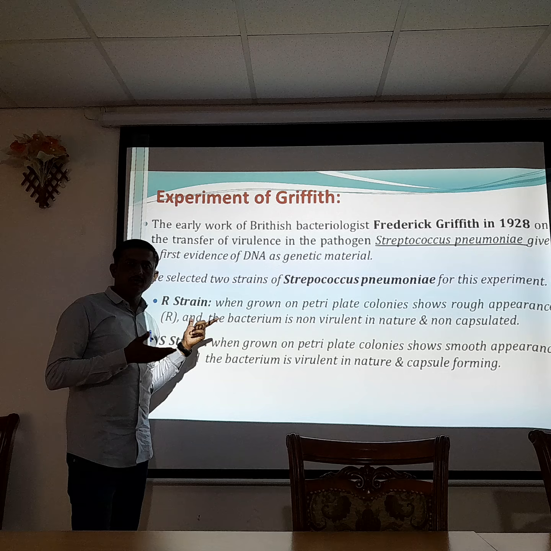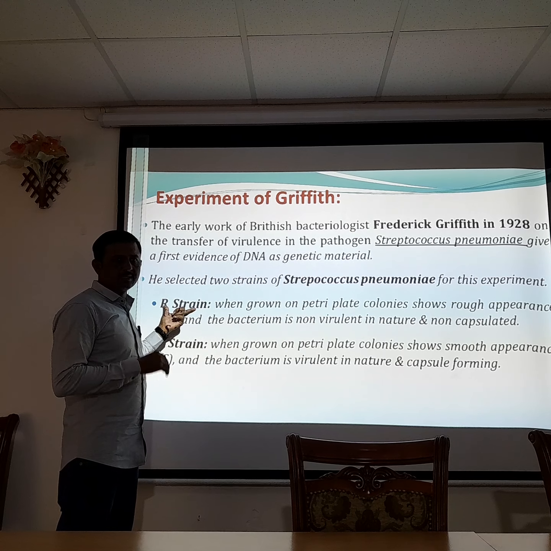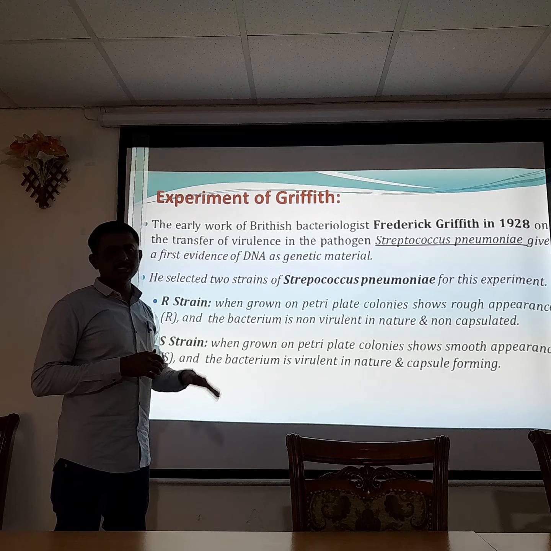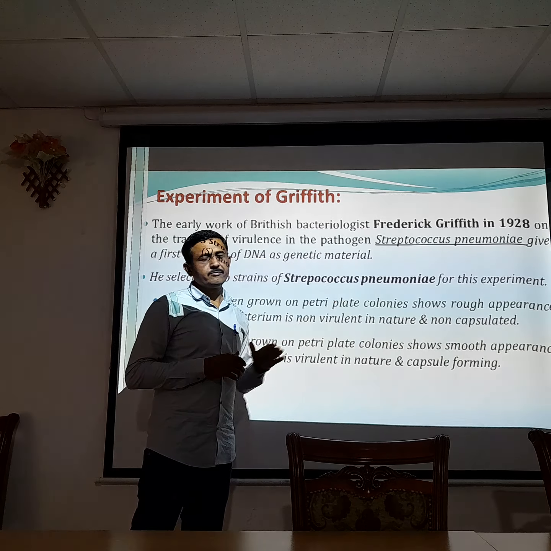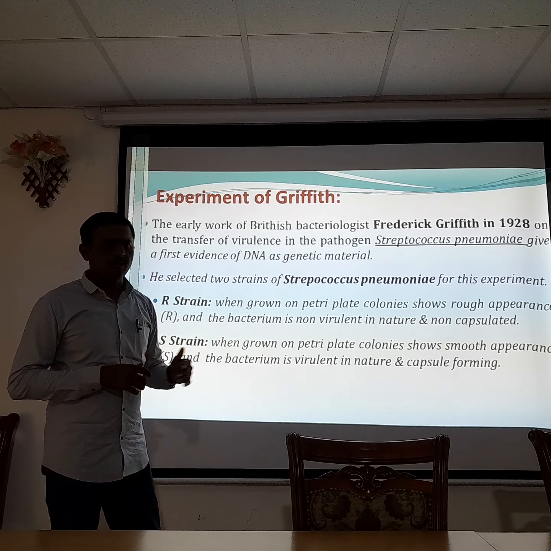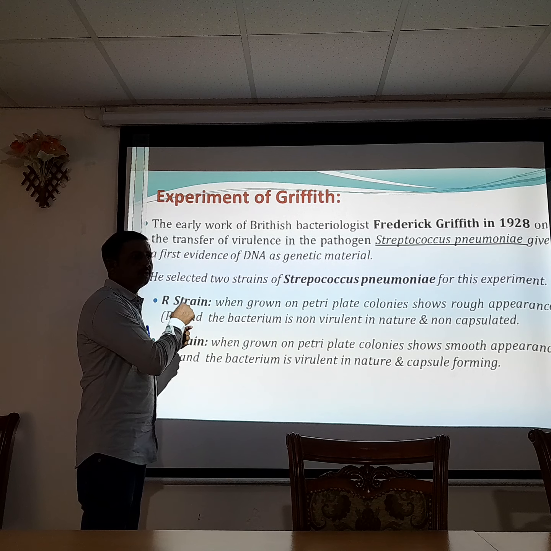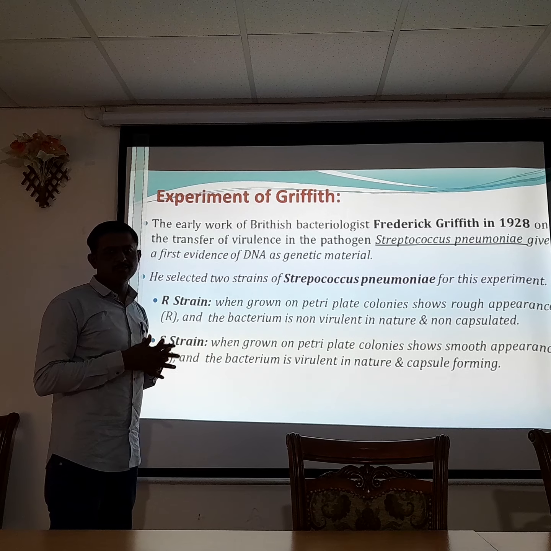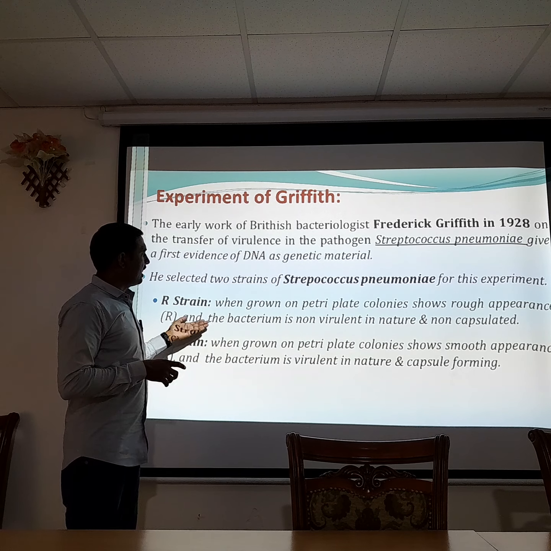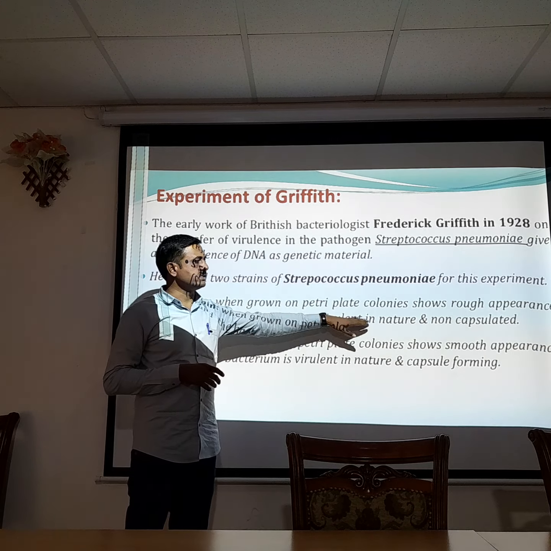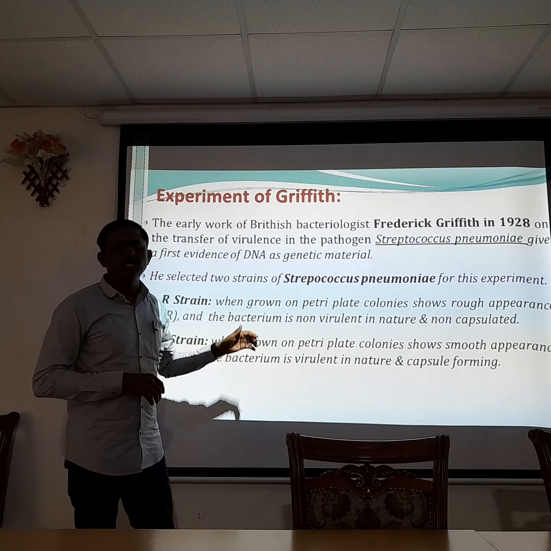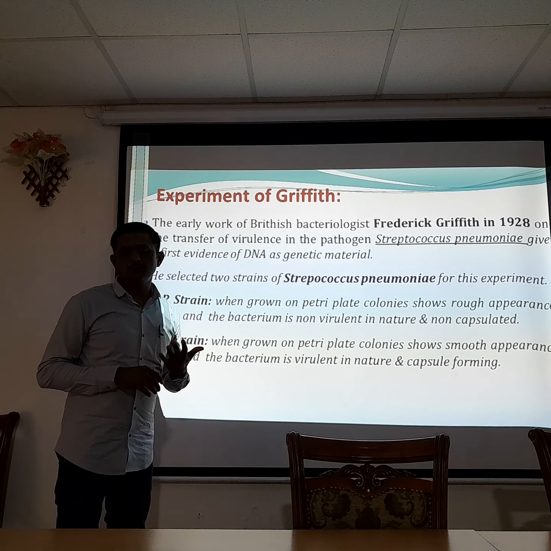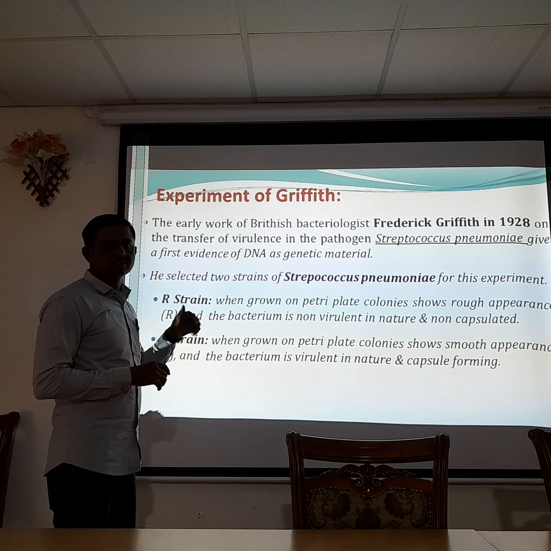The R type strain, or rough type strain, when grown on a petri plate, shows a rough colony appearance, hence he noted that strain as R type. The bacterium is non-virulent and non-capsulated; it could not produce a capsule around its cell.